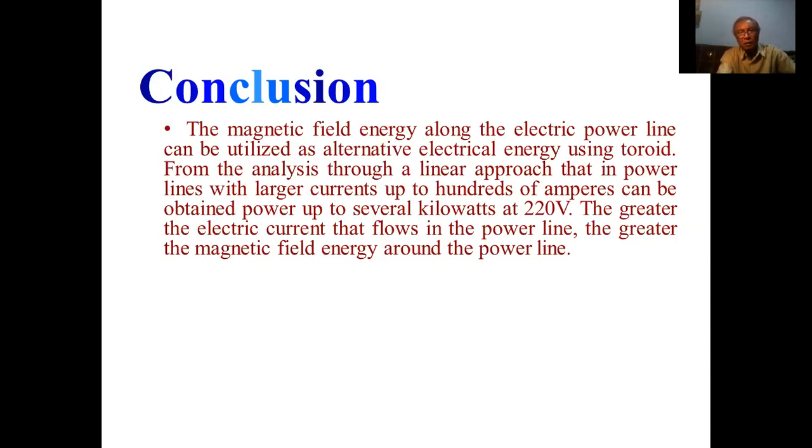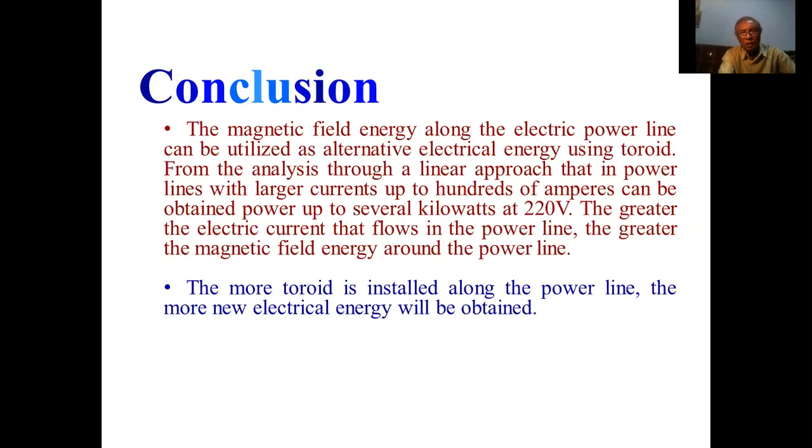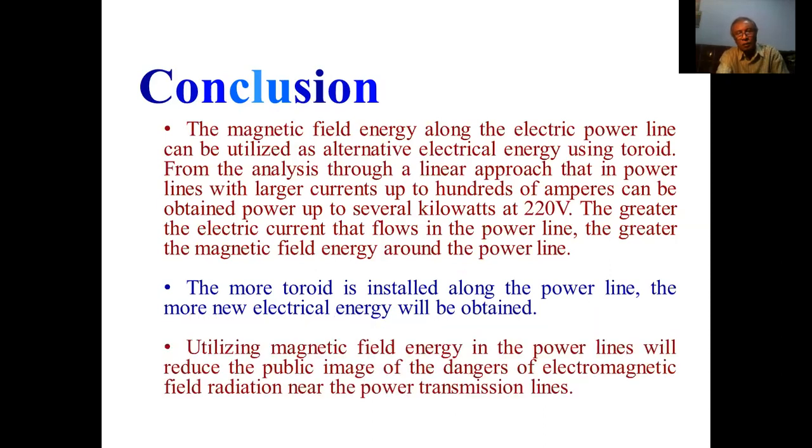The greater the electrical current that flows in the power line, the greater the magnetic field energy around the power line. Second, the more toroids installed along the power line, the more new electrical energy will be obtained. Three, utilizing magnetic field energy in the power line will reduce the public image of the danger of electromagnetic field radiation near the power transmission line.